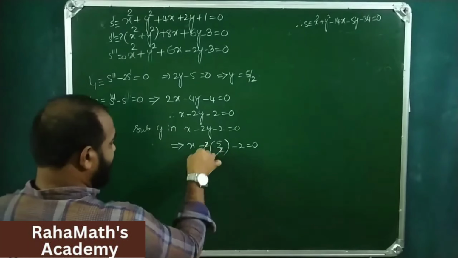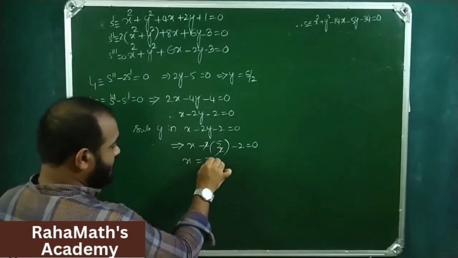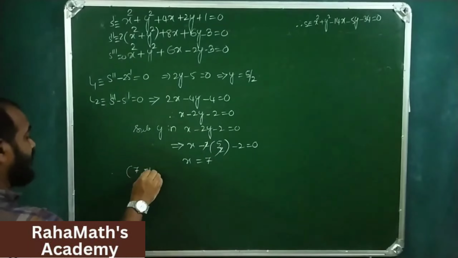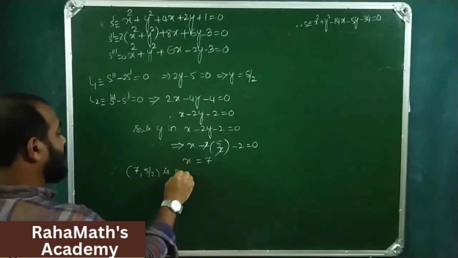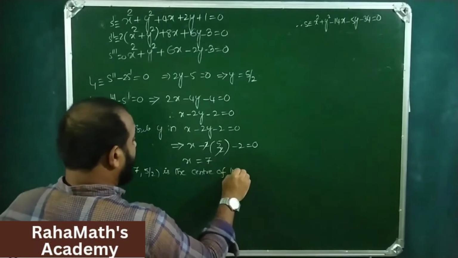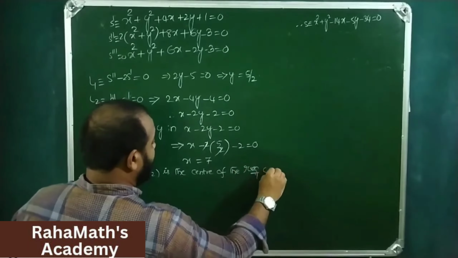So 2 gets cancelled. x minus 5 minus 2 is minus 7. Therefore, x equals to 7. Therefore, 7 comma 5 by 2 is the center of the required circle.